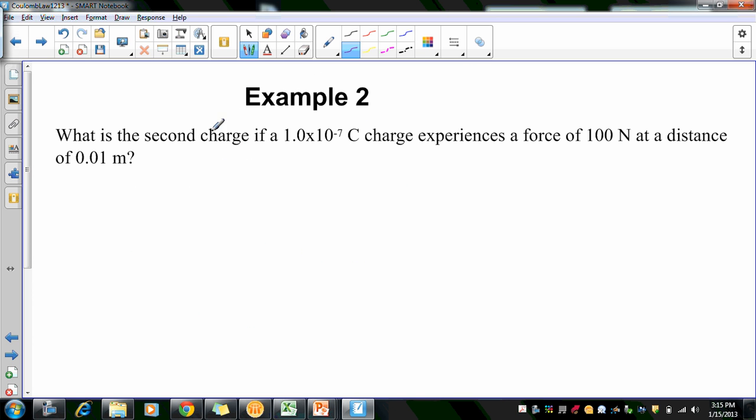All right, second example. What is the second charge if a 1 times 10 to the negative 7 Coulomb charge experiences a force of 100 newtons at a distance of 0.01 meters? So we're looking for the second charge. So we're looking for Q2. This is also a charge. So this is Q1.